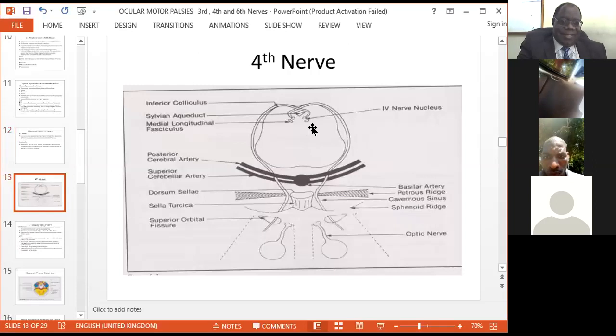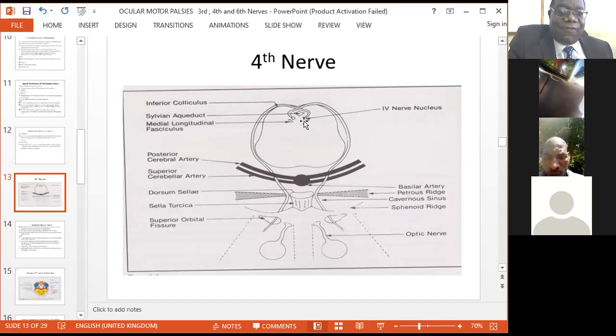So these are the fibers. From there they cross. It's crossing over. So if the lesion is nuclear, here it's the opposite side which is going to be affected.